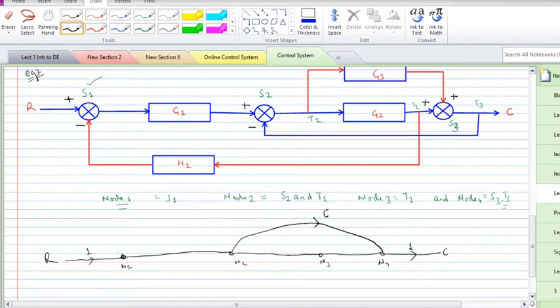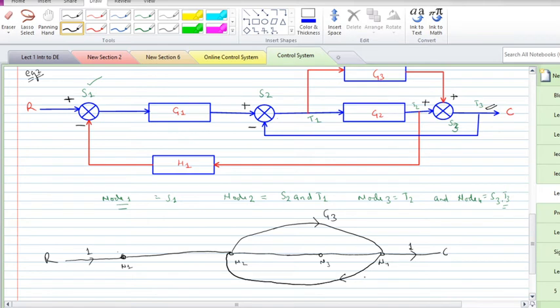So this is G3, and from node 4 to node 1 like this with transmittance minus H1. Sorry, this is to be connected at node 2, so it is to be like this.